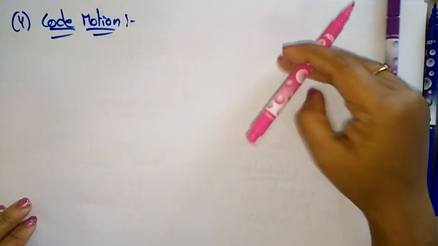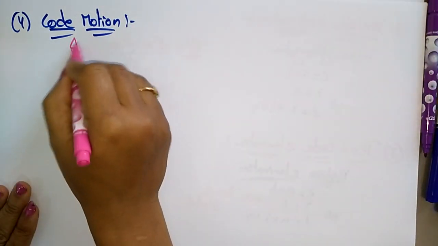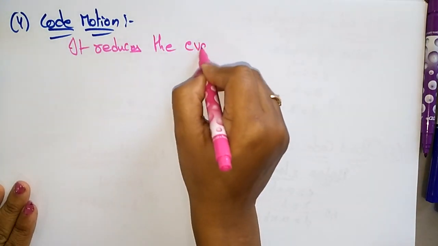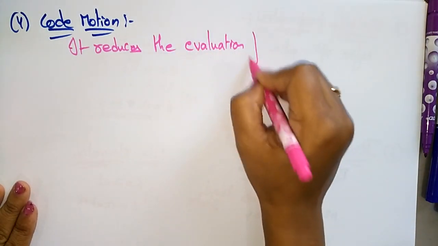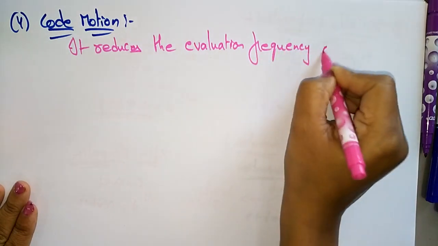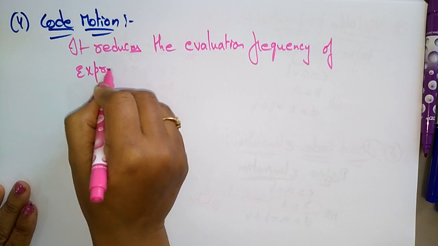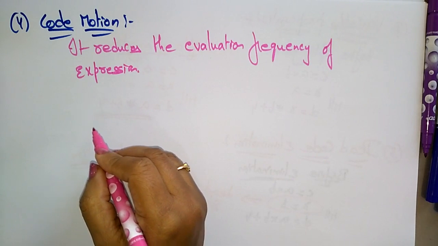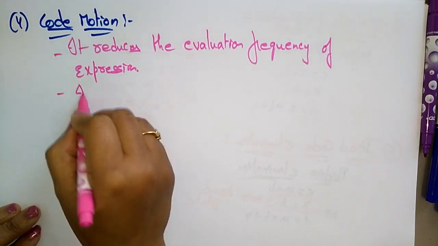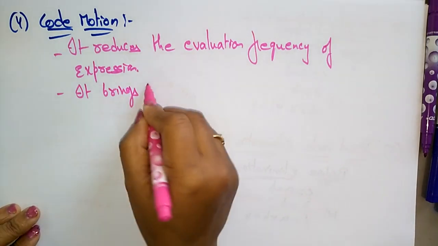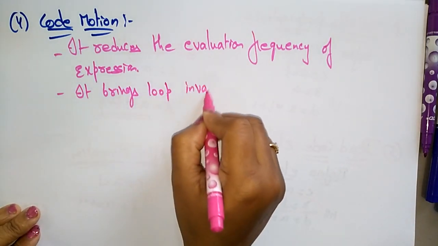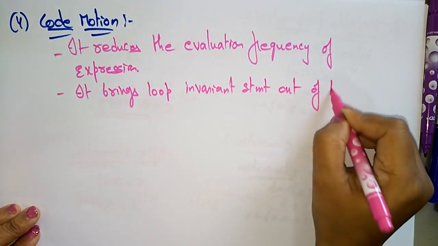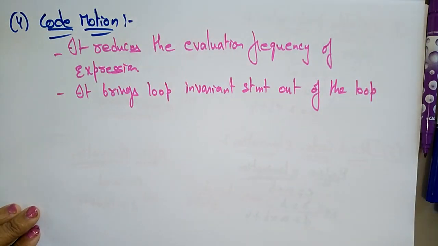It reduces the evaluation frequency of expression, and it brings loop invariant statements out of the loop. Out of the loop. Okay.